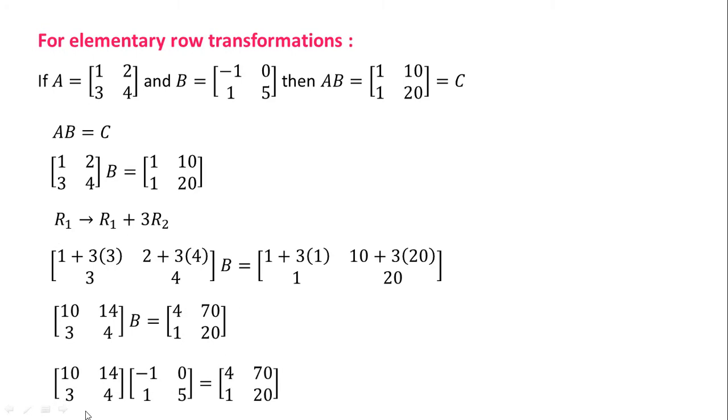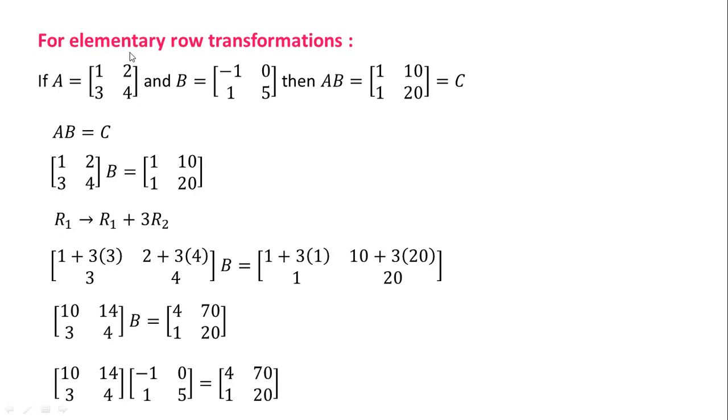So now this new matrix A, into B as it is, is equal to this matrix. Now if you want to verify this, then check this product. This is new matrix A into B as it is, and it gives a new matrix C. So from this equation, after this transformation, we get this equation.